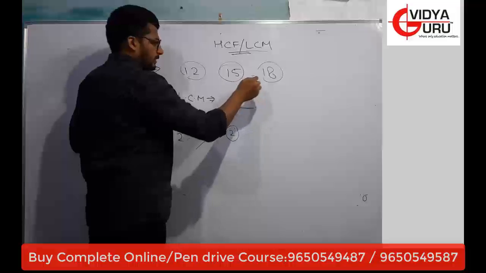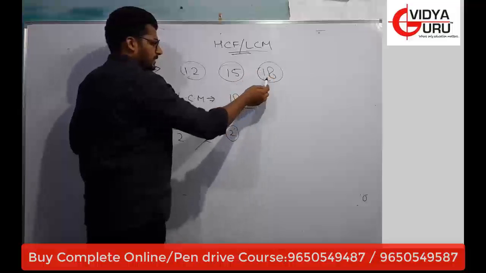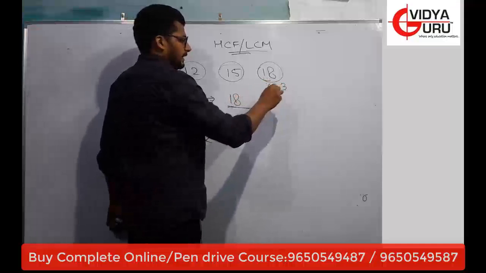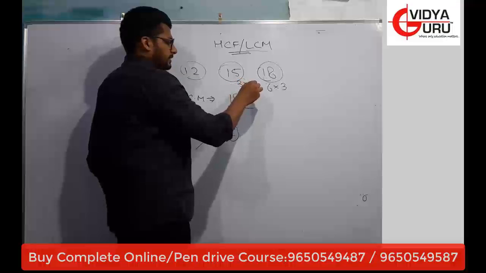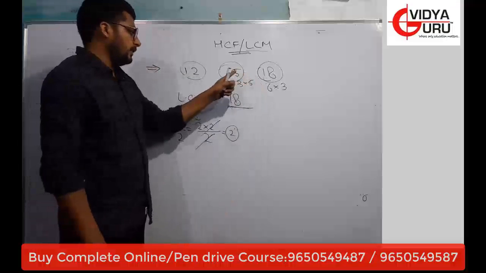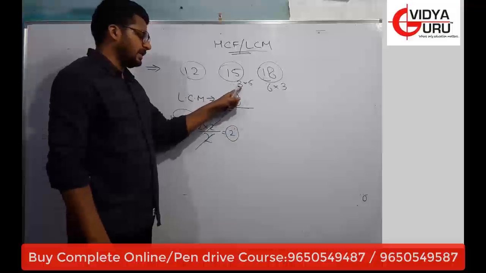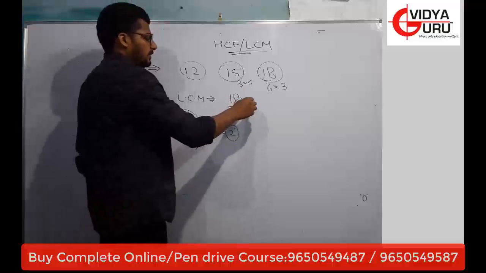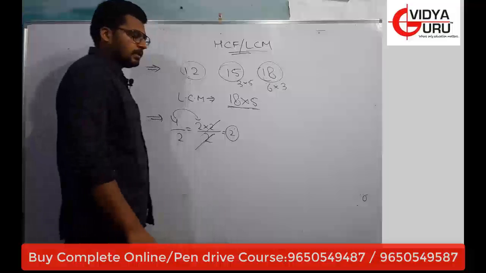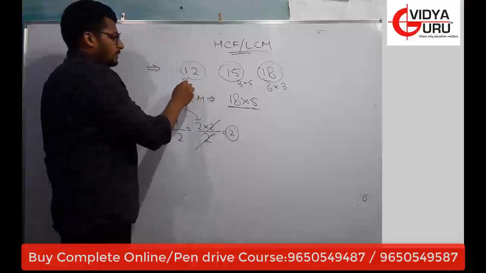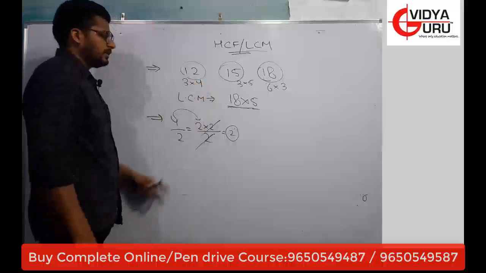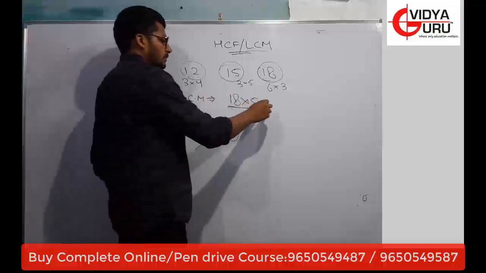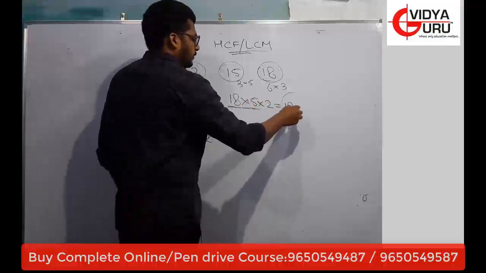So for finding the LCM, we will consider the largest number, 18, and factorize it. 6 times 3 is 18, and 3 times 5 is 15. 15 does not divide 18 because 5 is not present. 3 is present because 3 was here, but 5 is not present, so we will add 5 from our side. 12 is 3 times 4. 3 is present in this number. 4, that is 2 twice, is needed, but only one 2 is present, so it will be equal to 180.